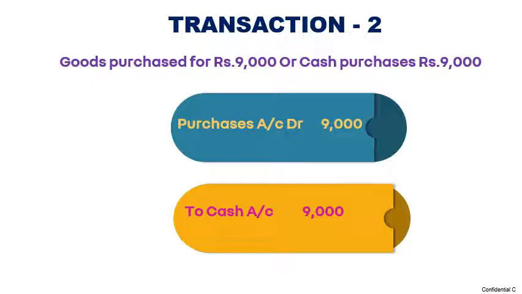Purchase is an expense, a nominal account, so all expenses are debit. Cash going out, what goes out is credit. Cash is a real account. So purchase account debtor to cash account creditor. Why is cash credit? Because the cash is going out.